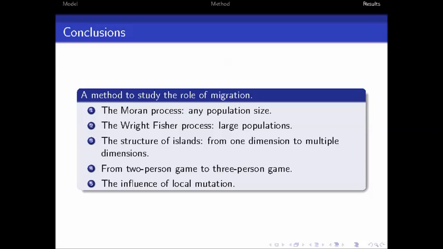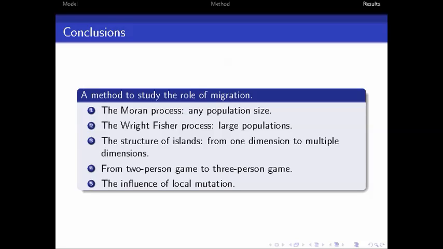The results of the Moran process are valid for any population size and any migration pattern. Point 2. The results of the Wright-Fisher process are effective for large population, but for any migration pattern.